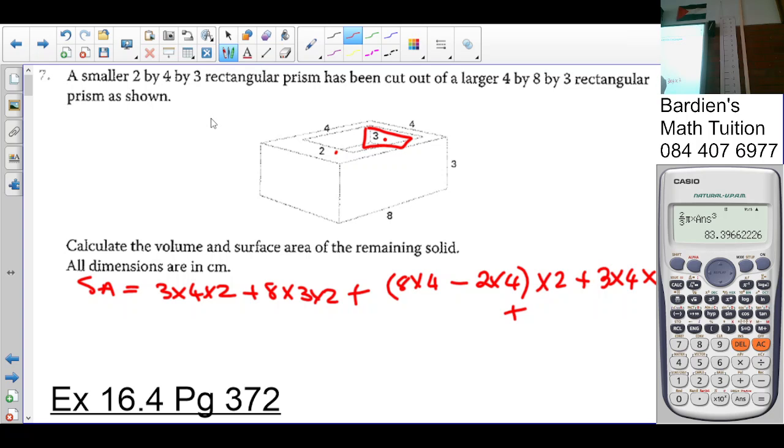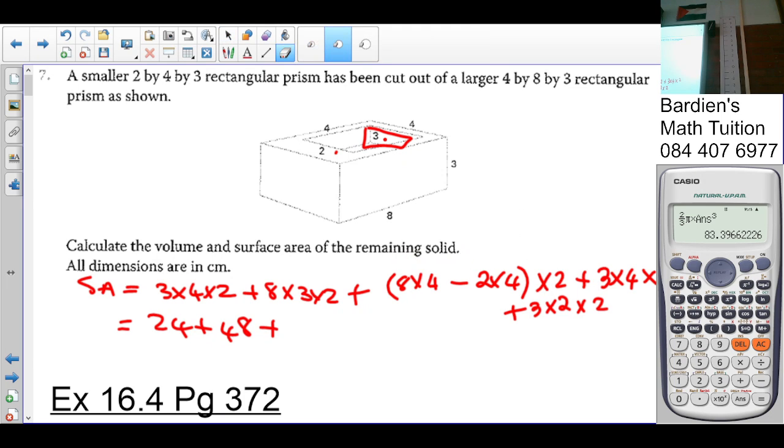Not so. What's the measurement there? 3 times 2 times 2. There's 2 of those. 3 times 4 is 12 times 2 is 24. Plus 24 times 2 is 48. Plus that is going to give you 32 minus 8. I can just put this over here in the calculator.